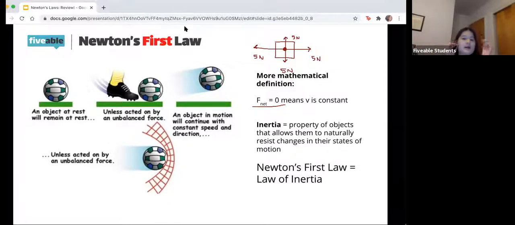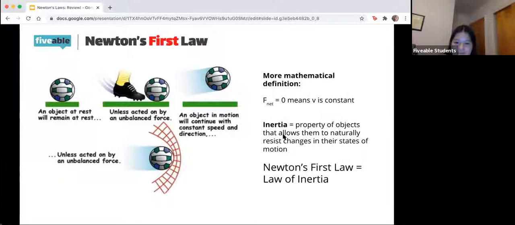The main takeaway, let me erase that for a second, is don't forget that net force equals 0 means you have balance. If net force is not 0, if it's a non-zero number, then we're working with an unbalanced force. So just be careful. F net, net force.